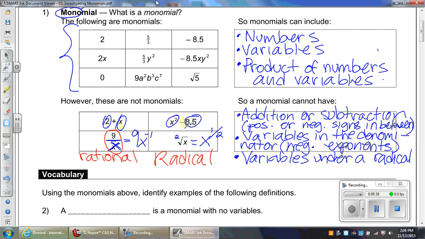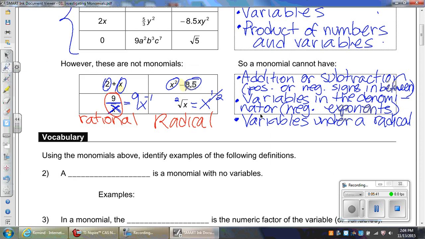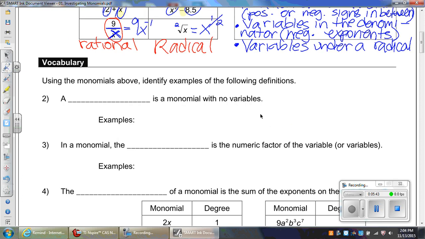Or, if we change that to exponents, it will be the same as saying monomials cannot have exponents as fractions, because that will imply that you're taking some type of root, and we call those radical expressions.